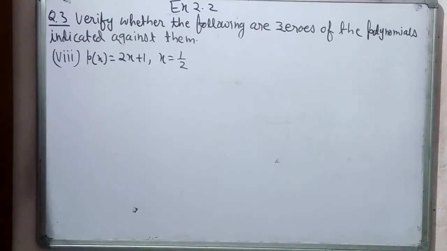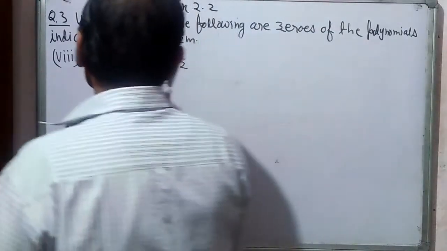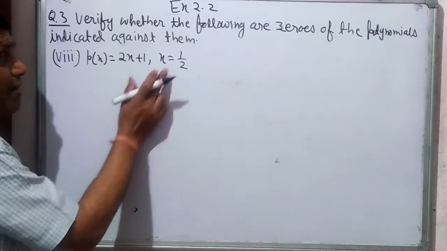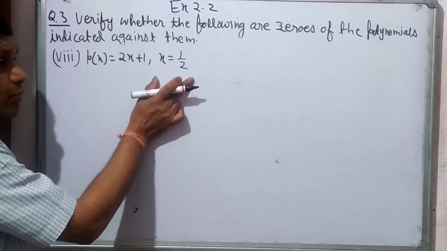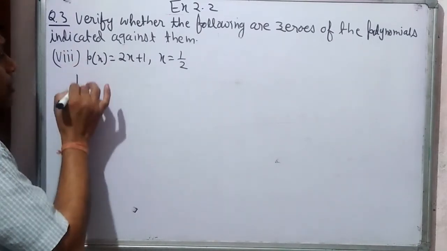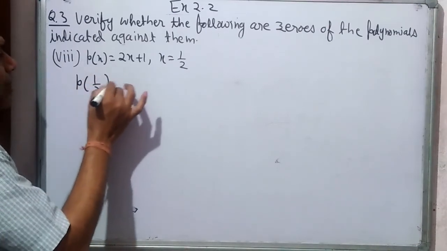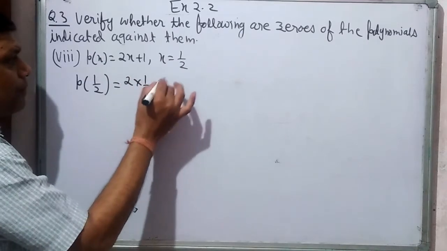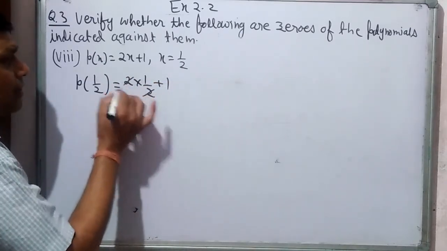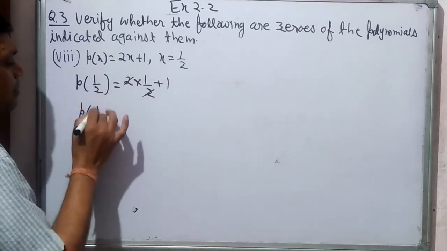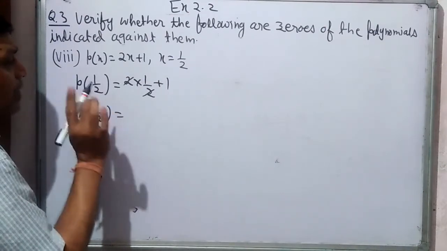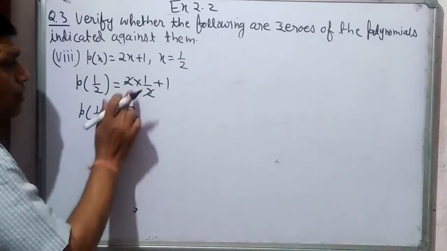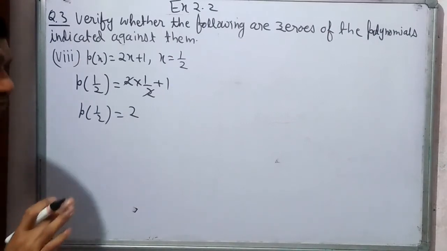Dear students, the 8th part is p(x) equals 2x plus 1, and we are given the value as x equals 1 upon 2. So what we'll find is p(1 upon 2). Let us find this as 2 multiplied by 1 upon 2 plus 1. What will that give us? The polynomial's value at 1 upon 2 is 1 plus 1, that is 2.